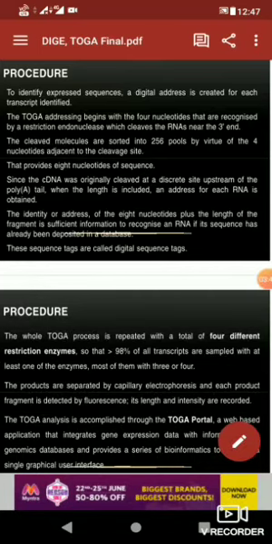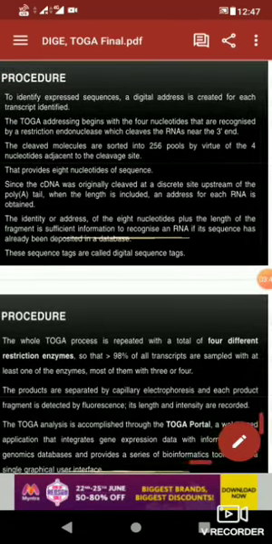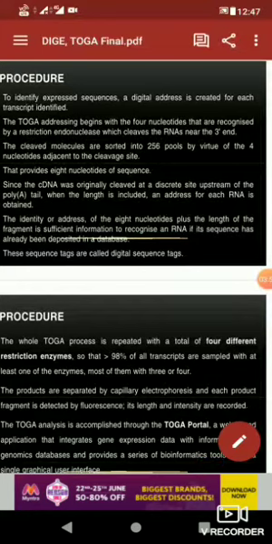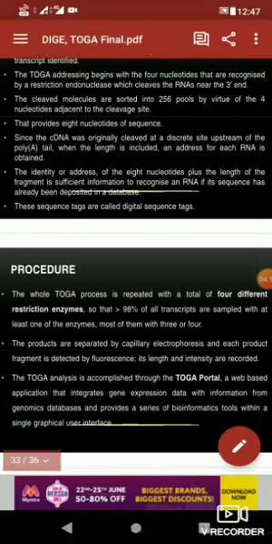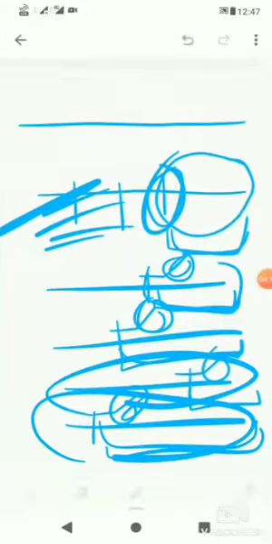Since the cDNA was originally cleaved at a discrete site upstream of the poly A tail, on the left hand side of the poly A tail, when the length is included, and by length I mean from the site of restriction to the poly A tail, which I showed you just now, an address for each RNA is obtained. This is called an address of each RNA.